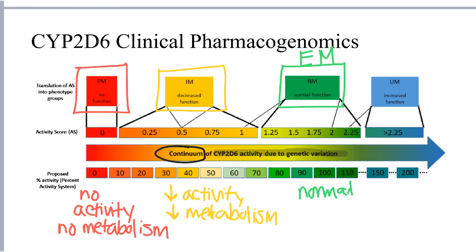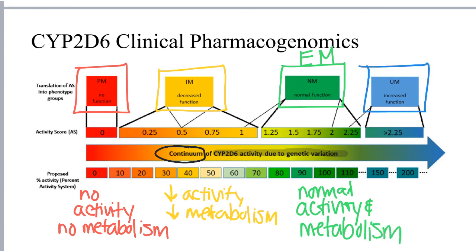The activity score is somewhere between 1 and 2, and their percent activity is somewhere between 75% and 100%. Finally, ultra-rapid metabolizers have increased enzymatic activity, with activity scores above 2 and percent activity above 100%.